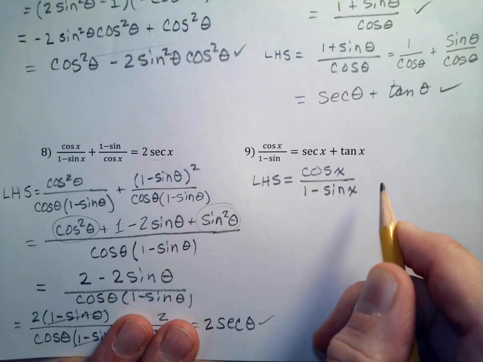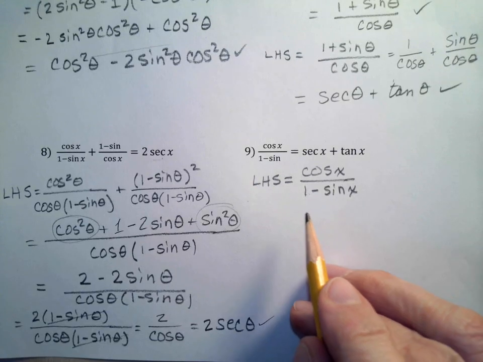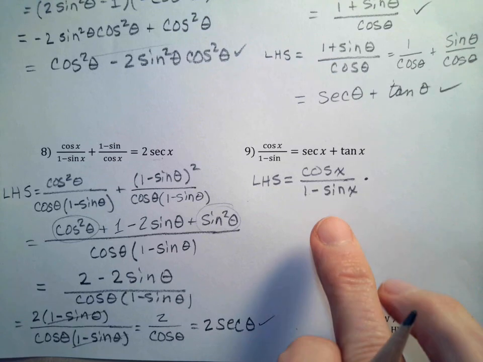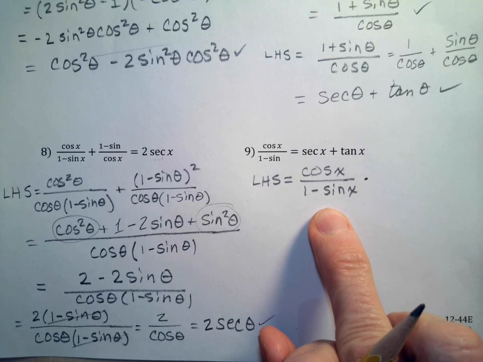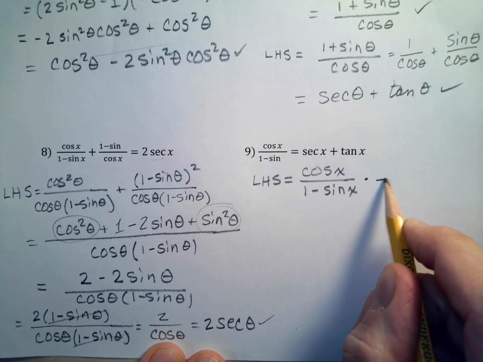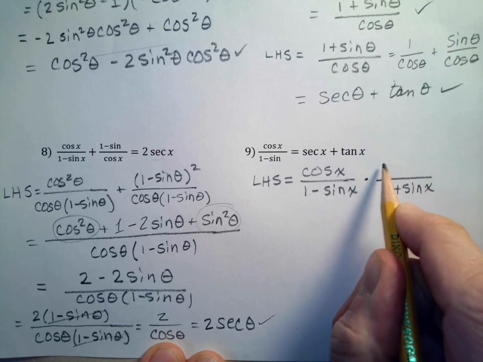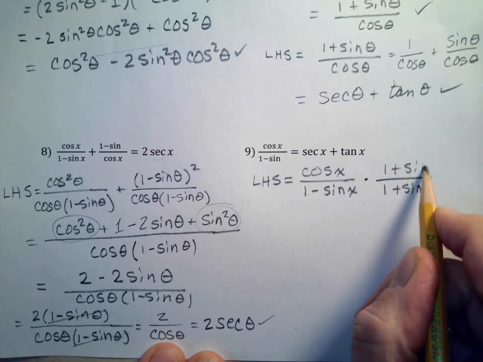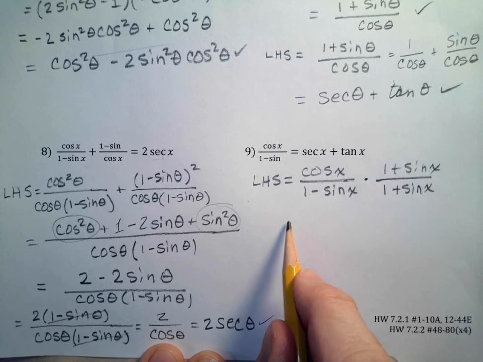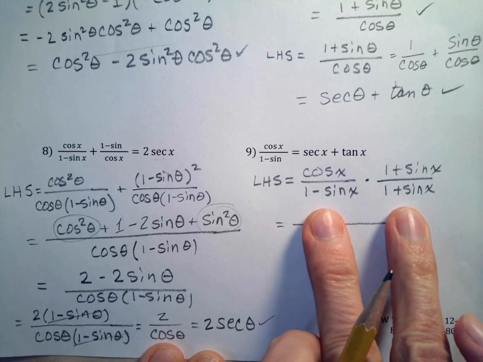All right, so often it will be helpful to multiply the top and bottom of this by the conjugate of the denominator. So try that. So 1 plus sine x over itself. All right, and then what does that give us on the bottom? That's the conjugates.